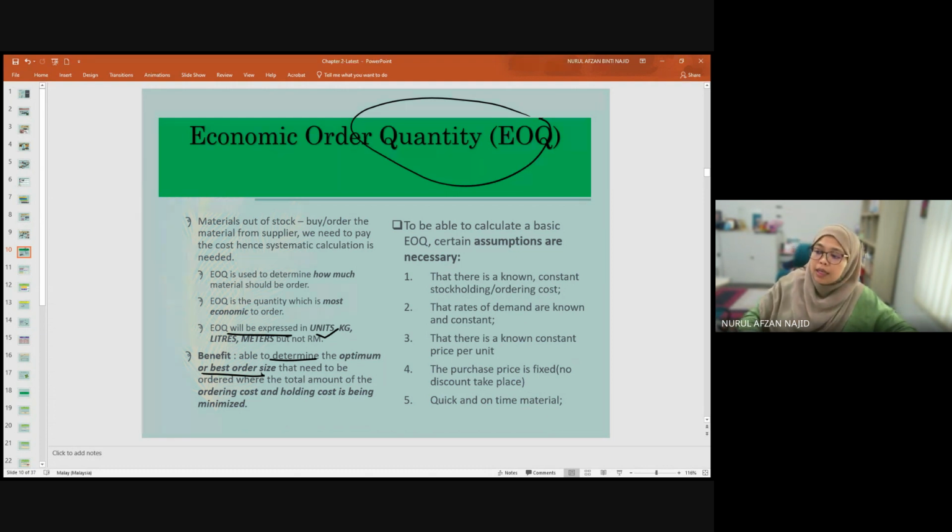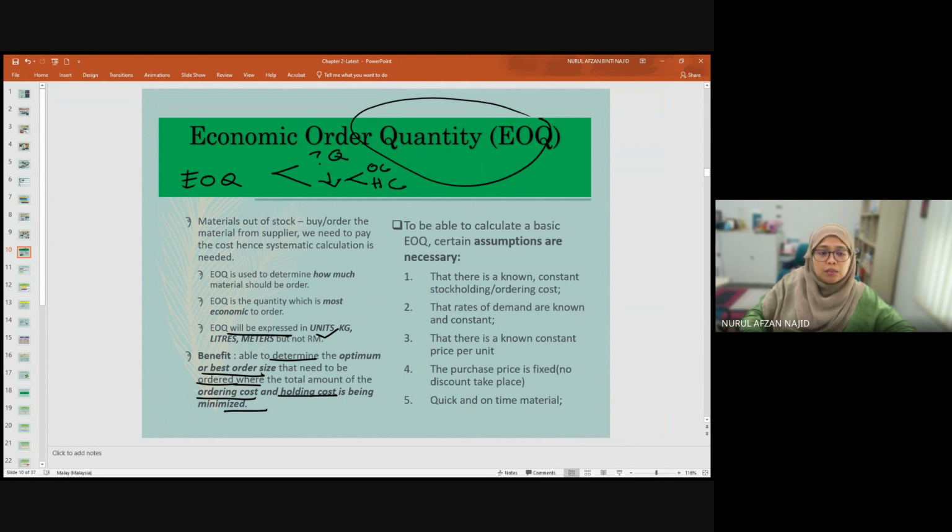Okay, that's why dekat sini dia kata to determine the optimum or best order size that need to be ordered where the total amount of the ordering cost and holding cost is being minimized. Meaning that EOQ ni, dia akan determine how much the quantity, dalam masa yang sama, dia akan memastikan dua kos diminimumkan, iaitu ordering cost dan juga holding cost.